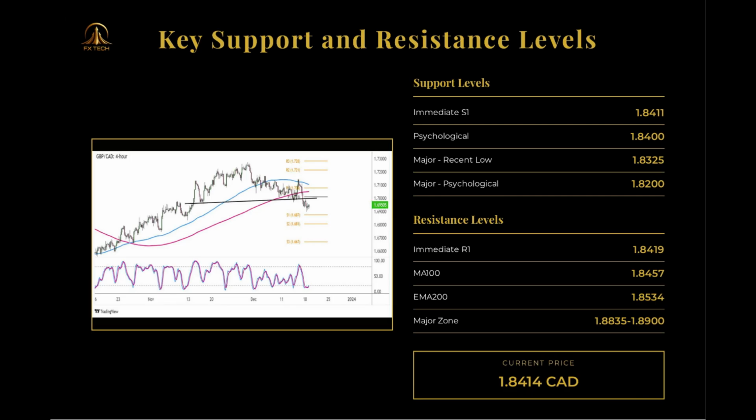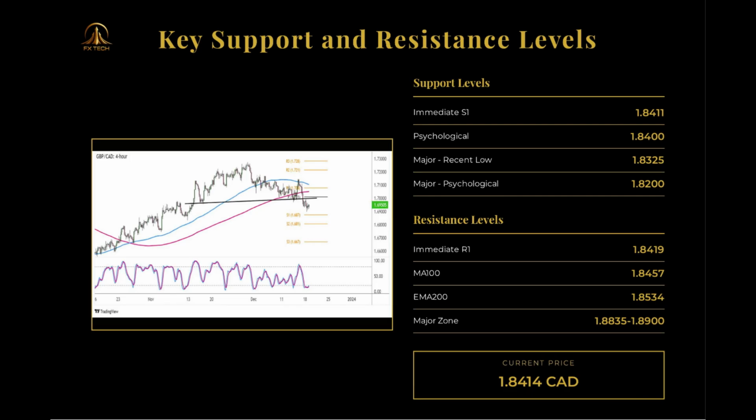On the resistance side, immediate resistance is at 1.8419, very close to current price. The 100-day moving average at 1.8457 represents the first significant resistance hurdle. Above that, the 200-day EMA at 1.8534 acts as major resistance.